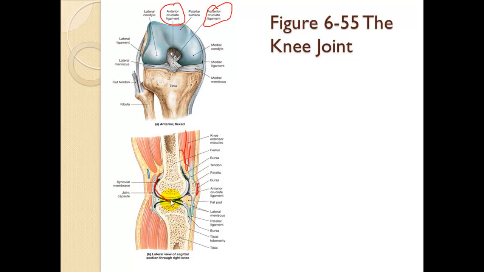We have a big, large synovial fluid membrane that's in there in the joint capsule, and then we have a meniscus that allows a little bit of padding to occur in this area. So if you've torn your meniscus, this is what gets actually torn. If you've ripped apart your anterior or posterior ACL or PCL, it's these areas here that get torn, and this loses continuity of the joint.